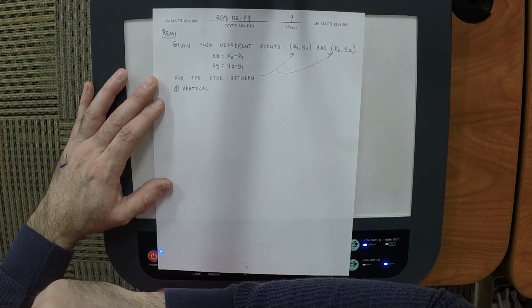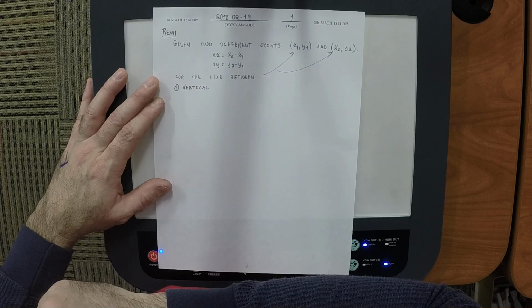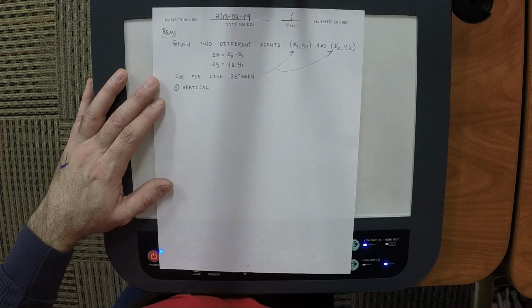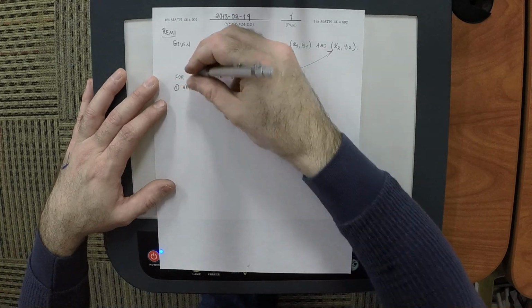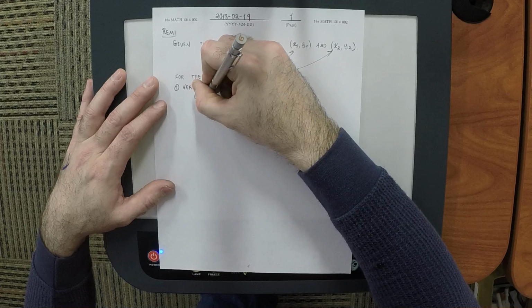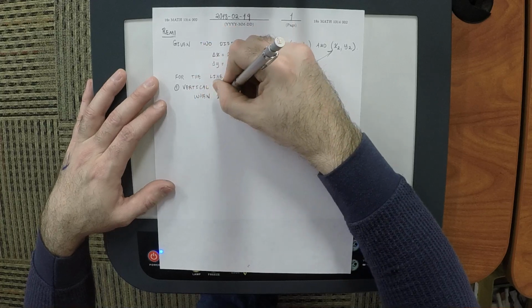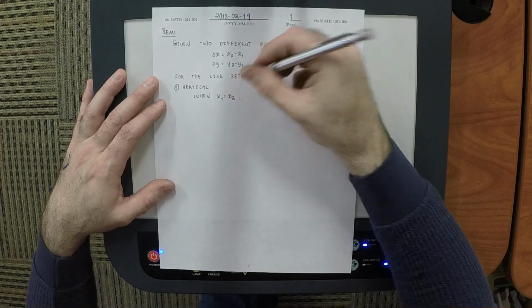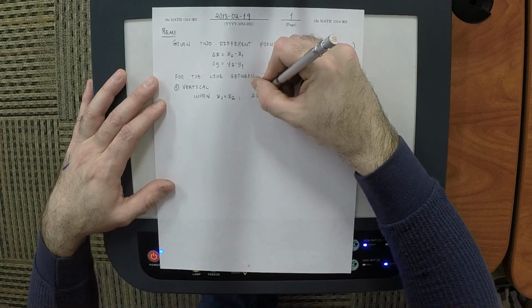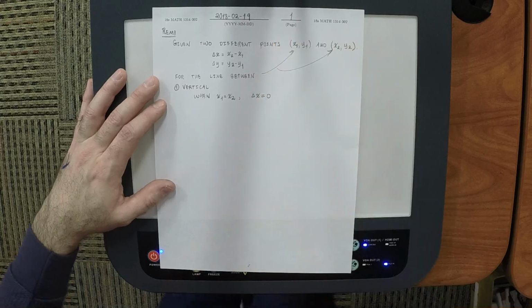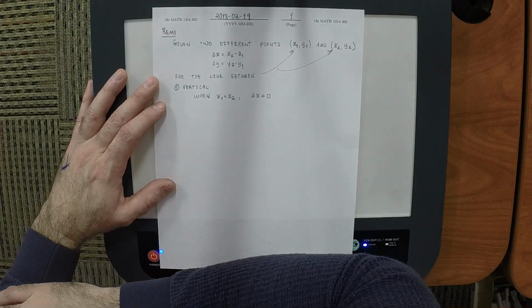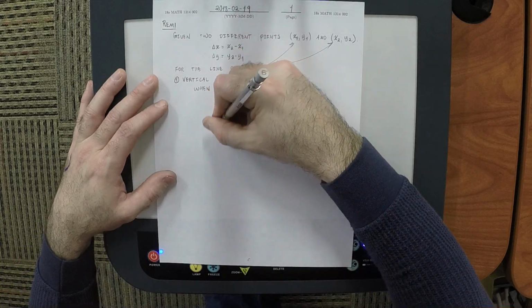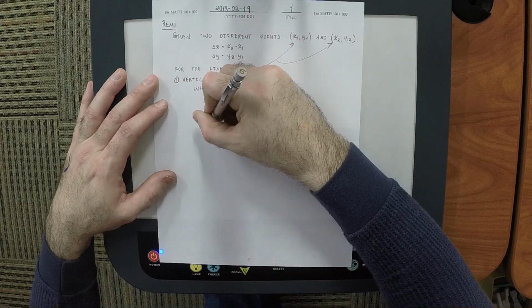Now, algebraically, how can you determine that you're in the vertical case? When the x values are the same. When x1 is x2, that also means that delta x is 0. That's how you'll know when you're there. In such a case, visually speaking, well, you know what a vertical line looks like.